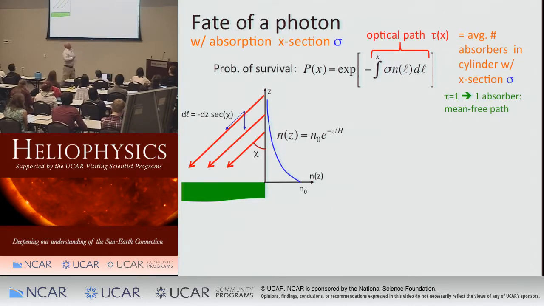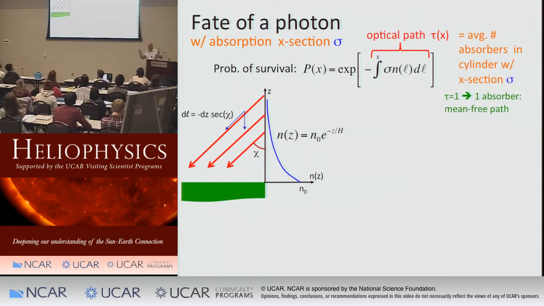If I have only one, my probability of surviving, being absorbed 0 times, is e to the minus 1. If there are 10 things along my path that could absorb me, then my probability of surviving is e to the minus 10. It goes down exponentially. So this integral, which is dimensionless, is called the optical path, and is the integral of the cross-section.